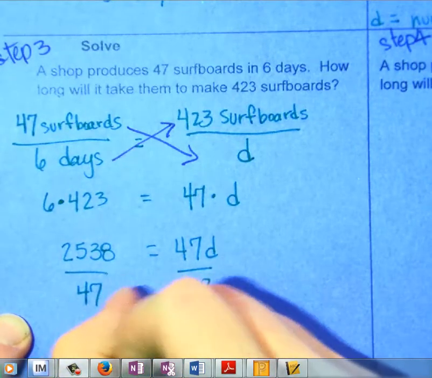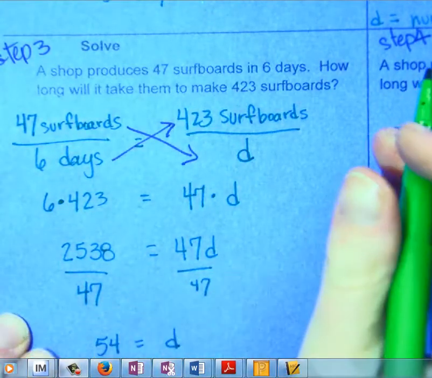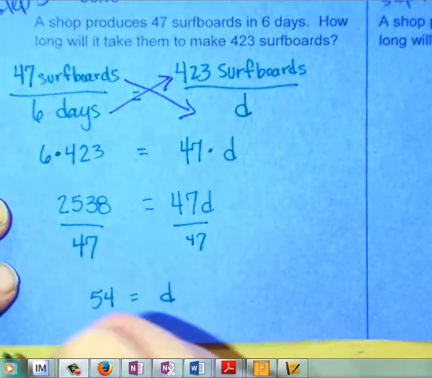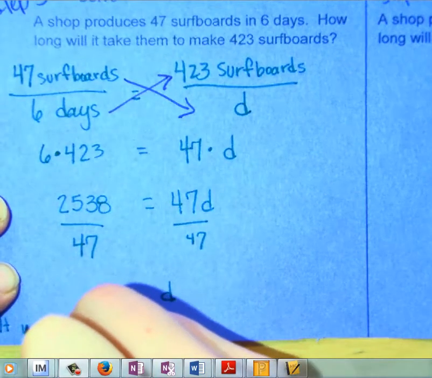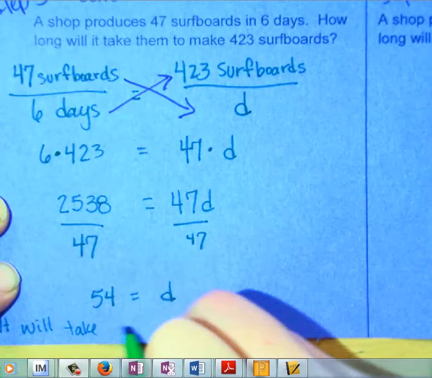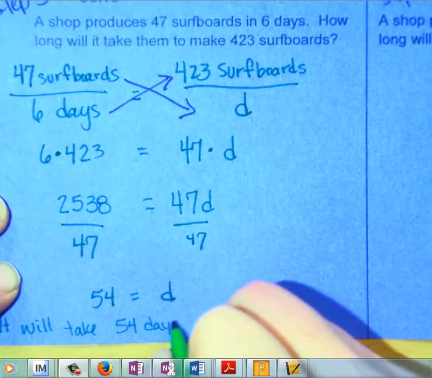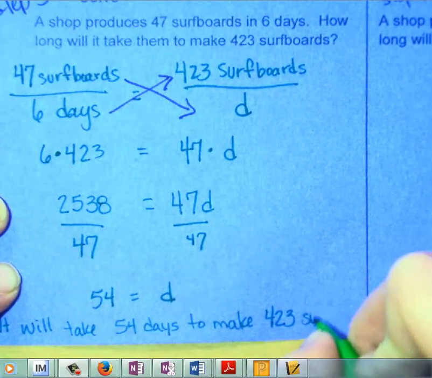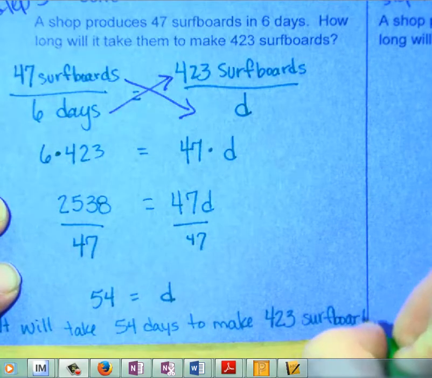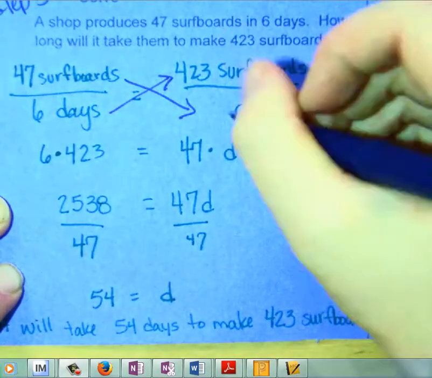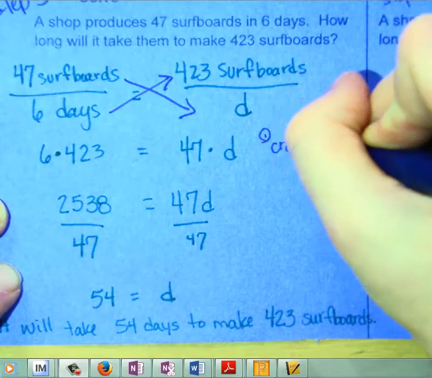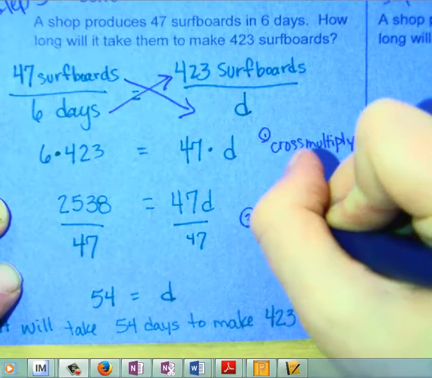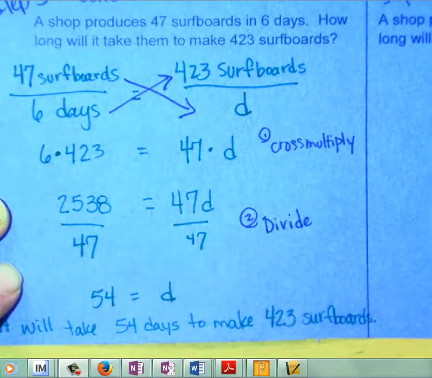And that's going to give us 54 is equal to D. And our sentence here is going to be, it will take 54 days to make 423 surfboards. So here, our first step was to cross multiply. And second, we divide. It's a one-step equation there.